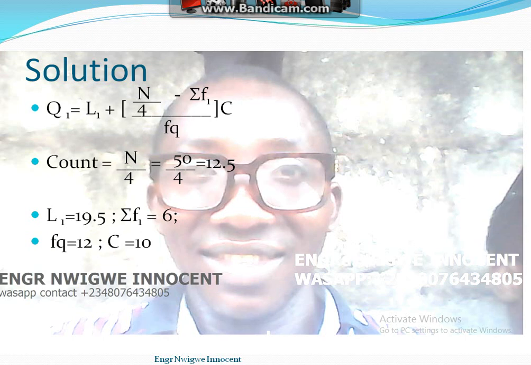Therefore, if we substitute the values into the formula, we have that our lower quartile is L1, that is the lower class boundary, 19.5 plus, in parentheses, our n over 4, which has been found to be 12.5, minus our summation of the frequency before the median class, which is 6, all over 12, times 10.